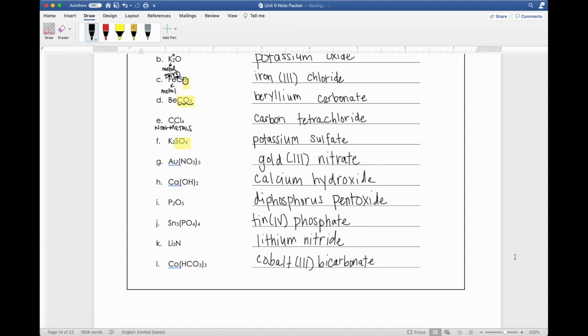And there are your answers for F through L. So a couple of things I want to mention in terms of common mistakes that I see with these. The first one is K right here. So just beware that when you have nitrogen alone by itself as an element, that ending is nitride.